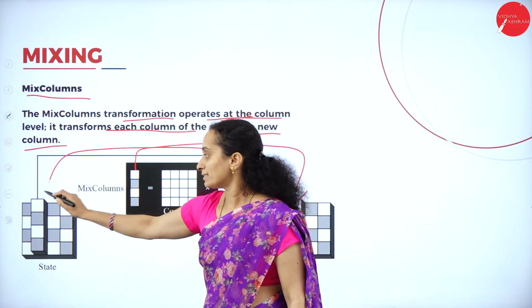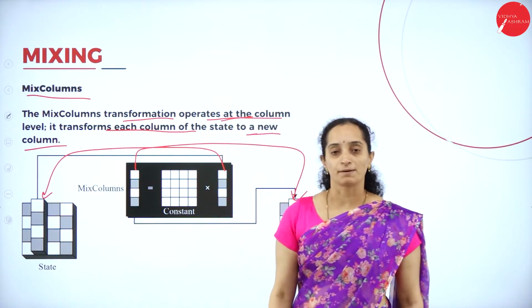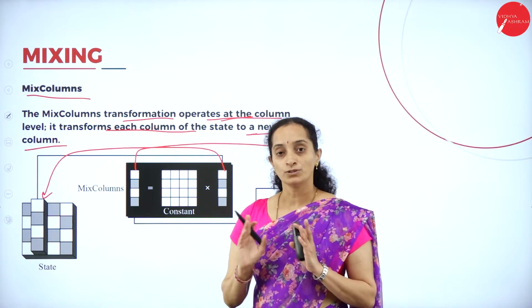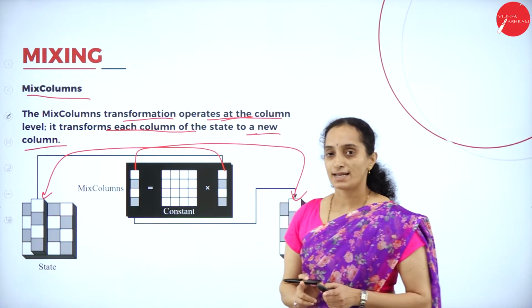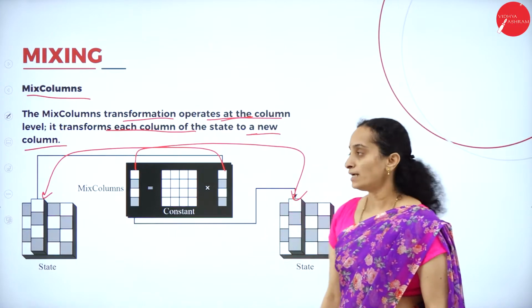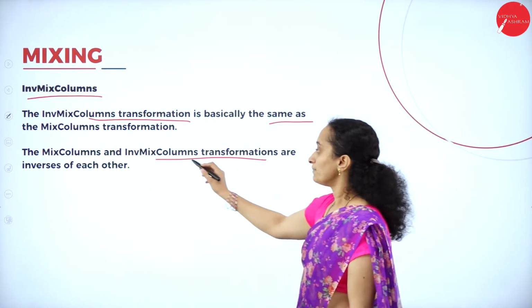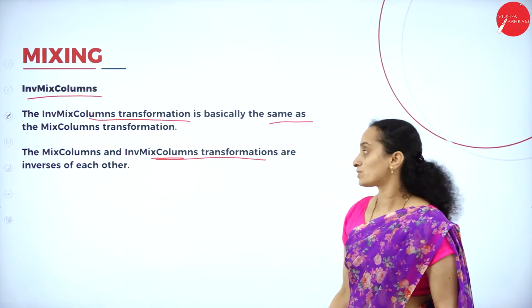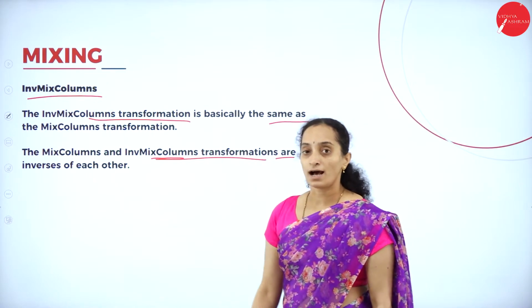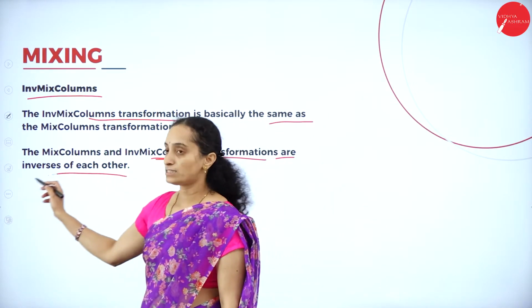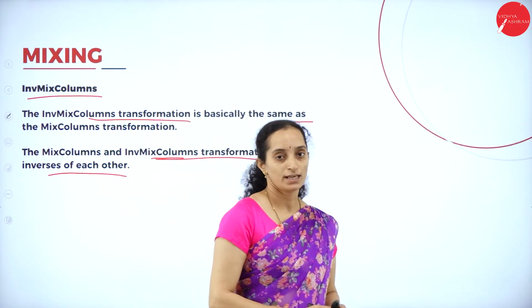This old matrix is again mixed in the same column to get the original state in the decryption process. Mixed columns and inverse mixed column transformations are the inverse of each other.